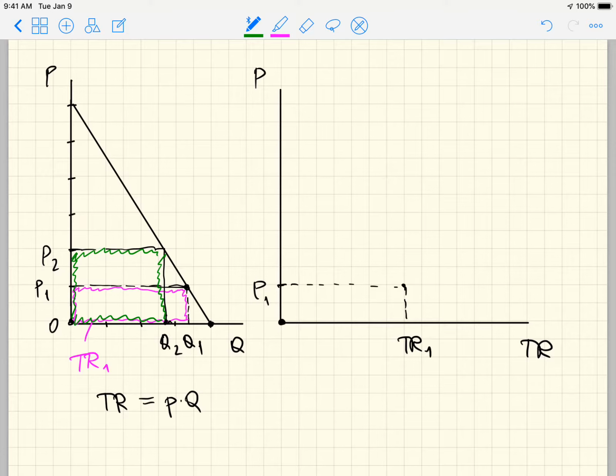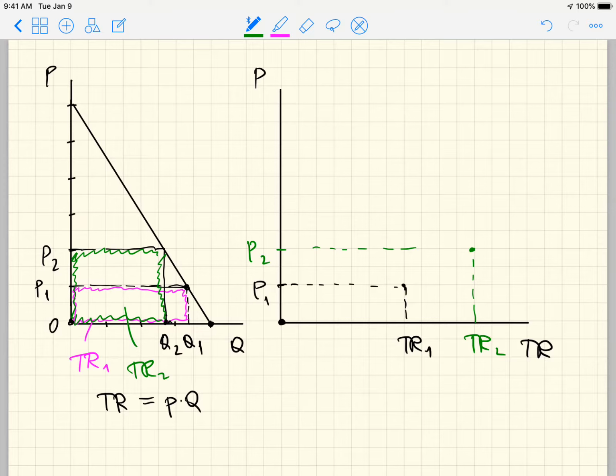So if you plot the number for total revenue that you can figure out from here, you will get, so this is P2, and that should be maybe somewhere here. This is how you can build the diagram on the right graph.